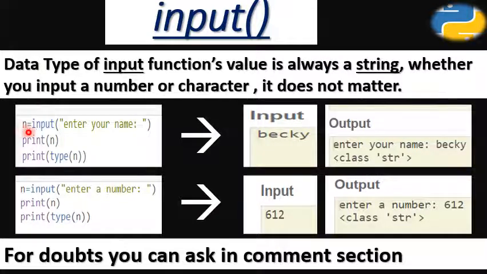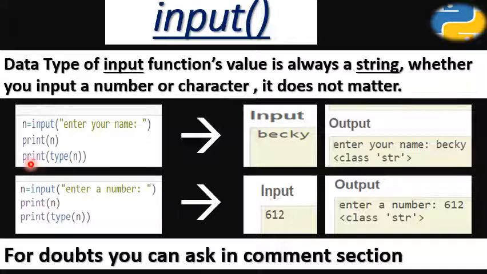So see, my first example is n is input, enter your name. So here, "enter your name" will be printed on my screen, and then I have to enter a value because I used the input function. So I input Becky. Now print n means it will print the value inside your n. So whatever I have given as input is inside my n, so it will be printed, which is Becky. Then I have again printed the type of n.